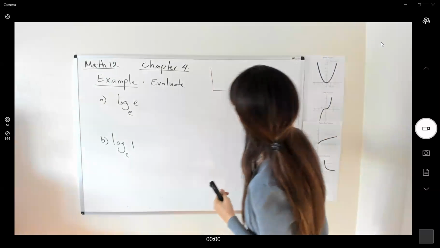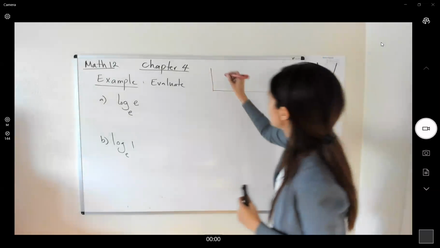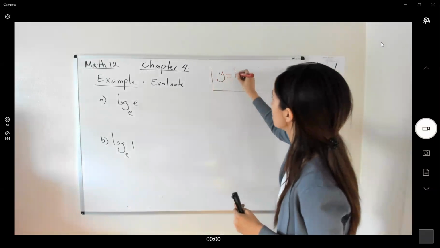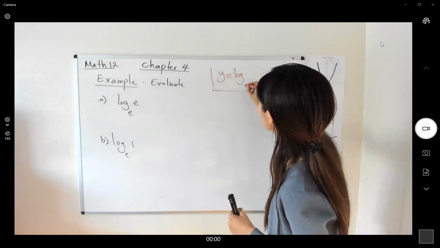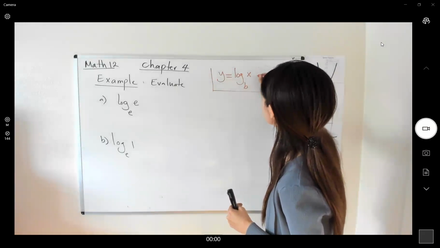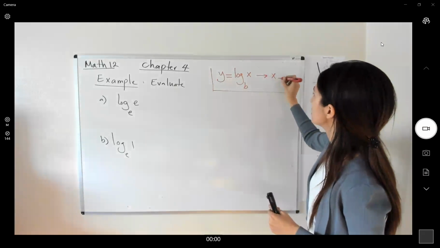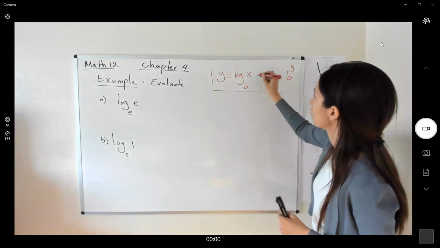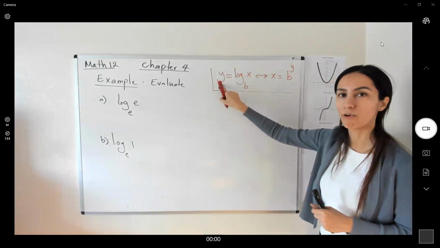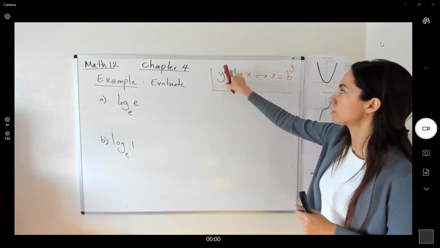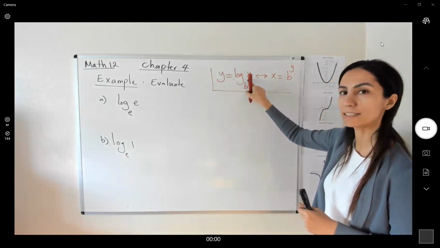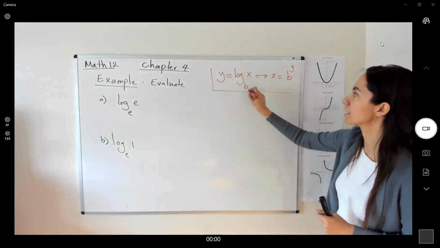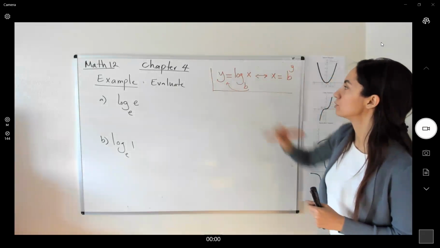So the connection between these is that if you have y equals log with base b of x, then x is equal to b raised to exponent y. y is equal to log with base b of x if and only if x can be written as b raised to y.